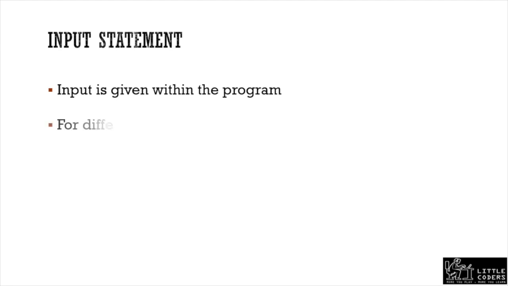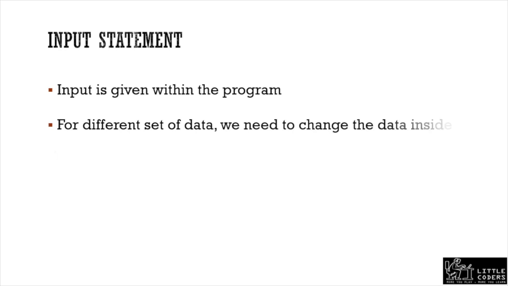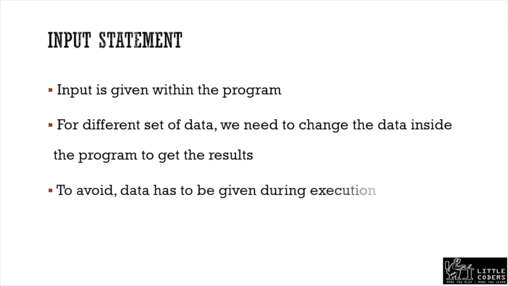So, if I have another number or another set of data, and I want to get the result for that, then I have to change the program statement itself. Within the program, I have to make the changes, input this program once again, then get the results.